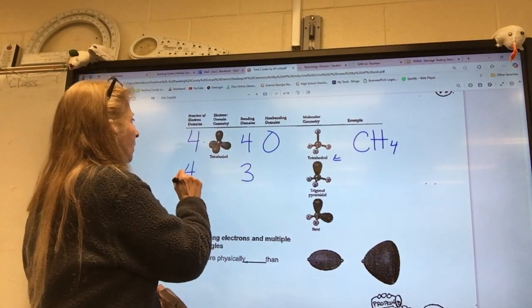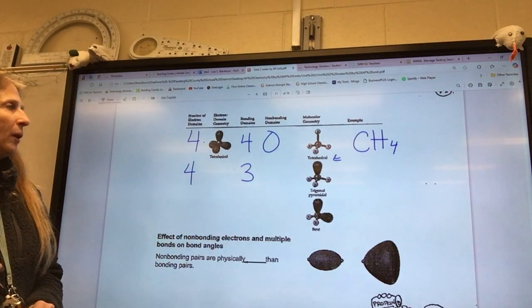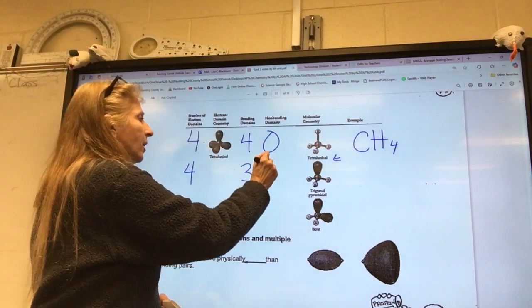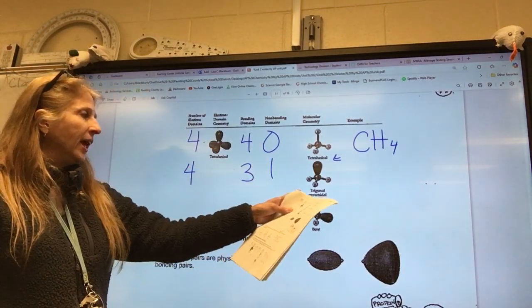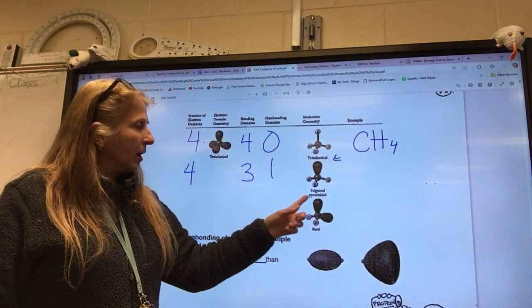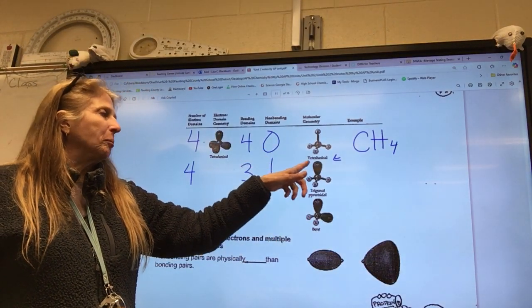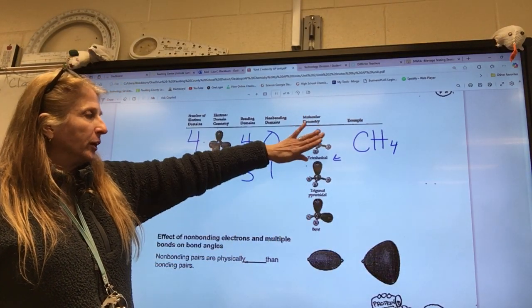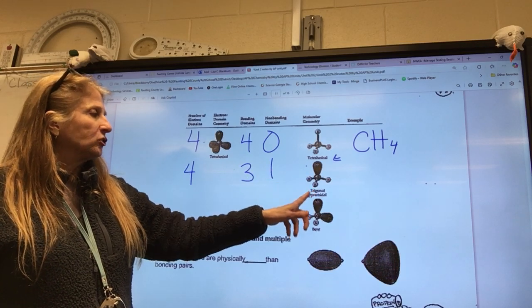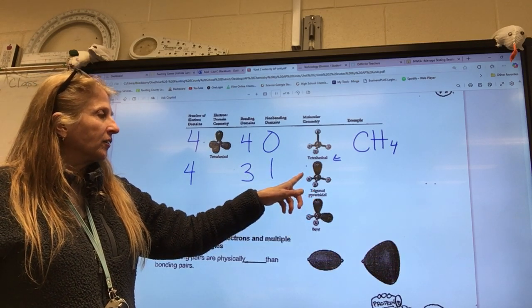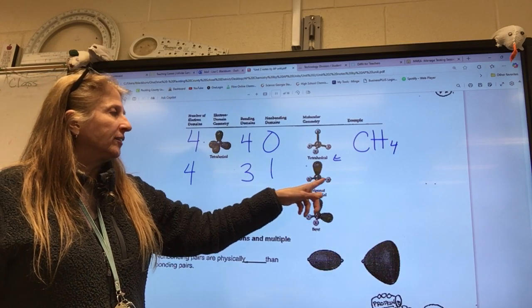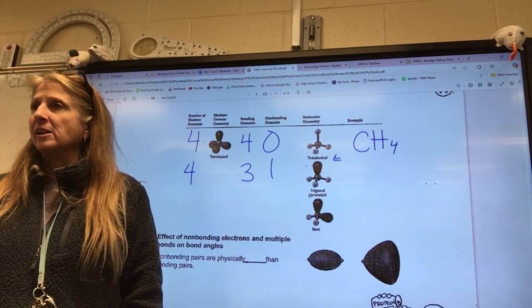We have 4 domains, but 3 bonding and 1 unshared pair. The name of it comes not from the shape with the unshared pair. It's the shape if you ignore it, and that is trigonal pyramidal, because it's a three-sided base of a pyramid.